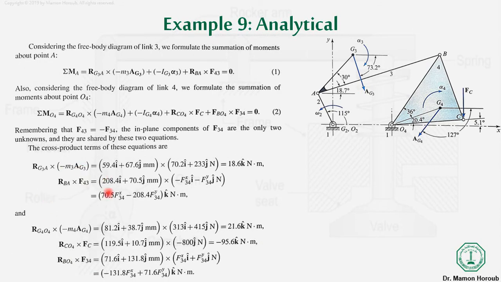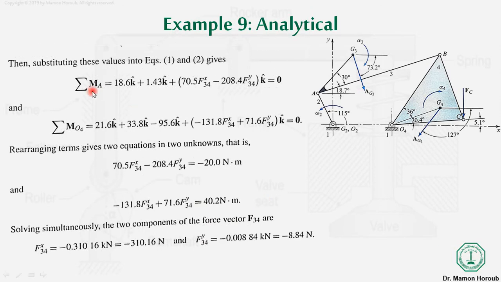Once we substitute the value of all these moment arms and calculate, we will get these equations: summation of moment at point A equal to 0, summation of moment at O4 equal to 0. So we can rearrange these equations and solve them, because we have two equations and two unknowns. So we can find F34x and F34y from here.